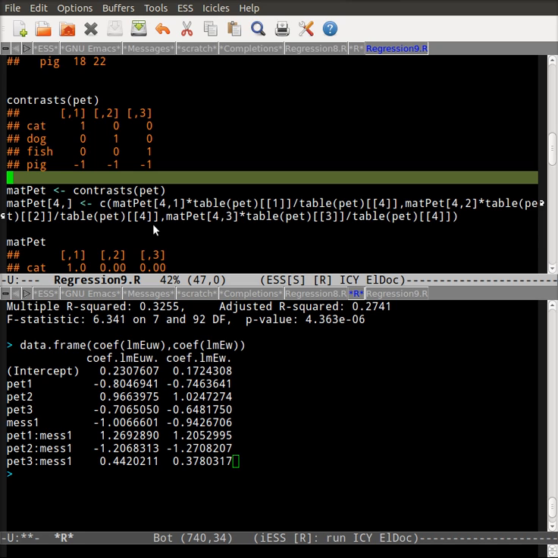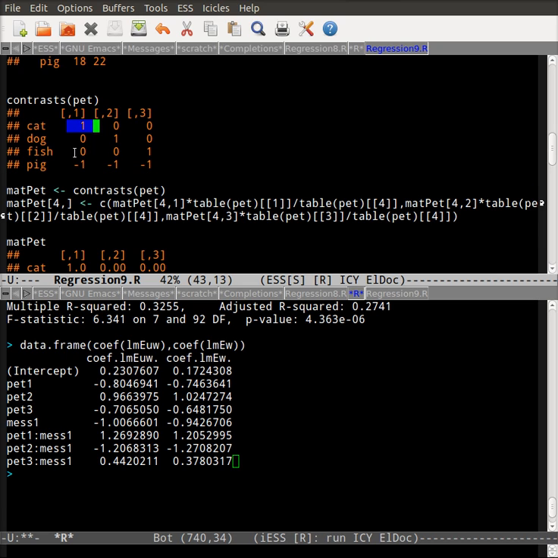So here I have cat compared to pig, and instead of having a -1, I want to change my coefficient to weight it based upon how many pigs there are relative to cats, or really cats to pigs.